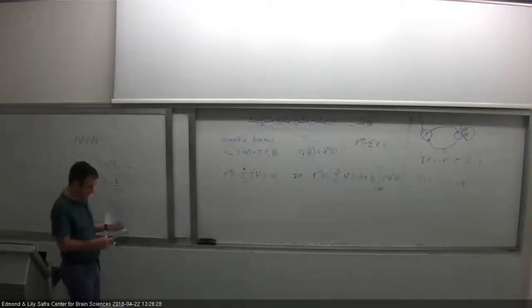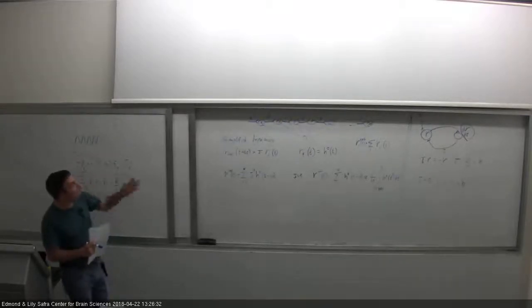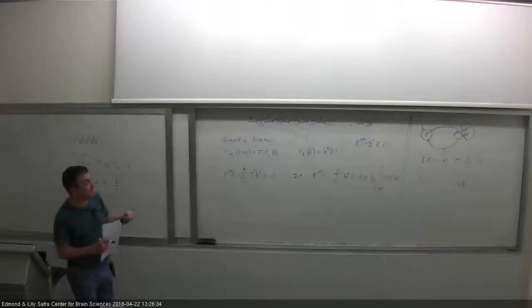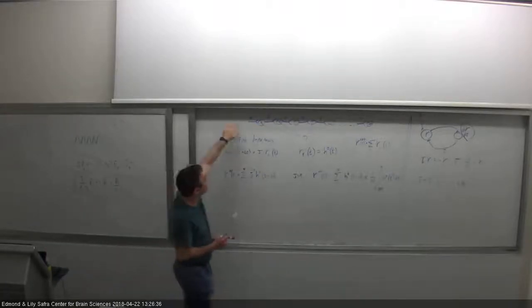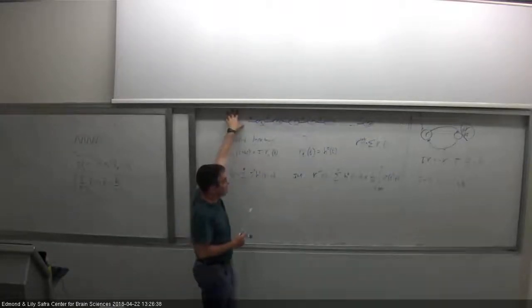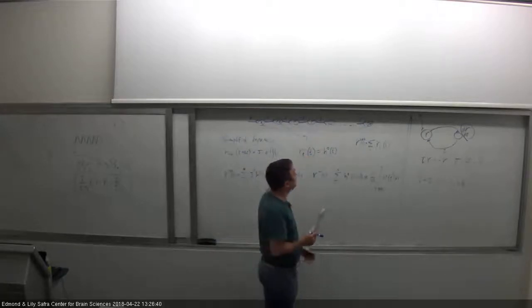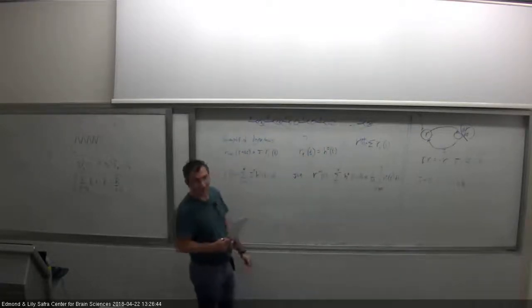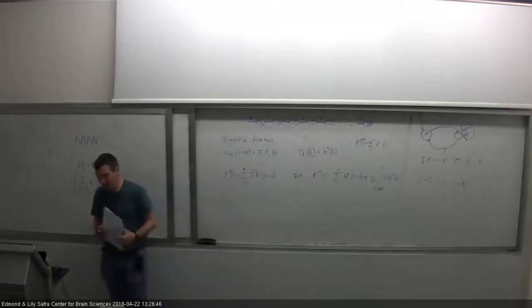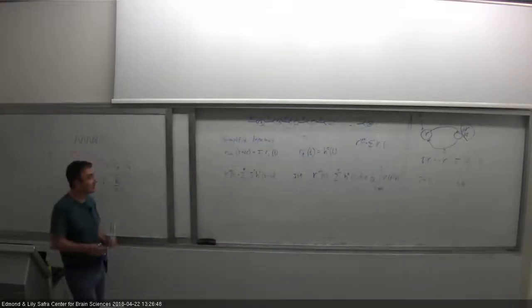So this is the way in which a feed-forward network can integrate inputs for a limited period of time, where the period of time is determined by the number of neurons in the network.